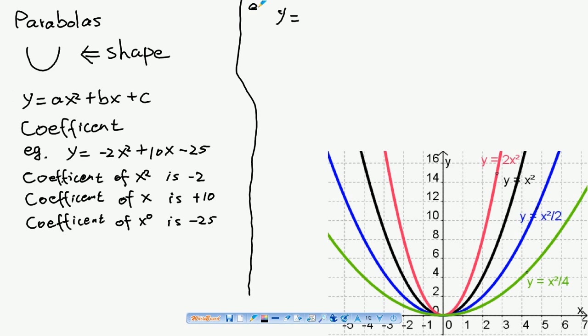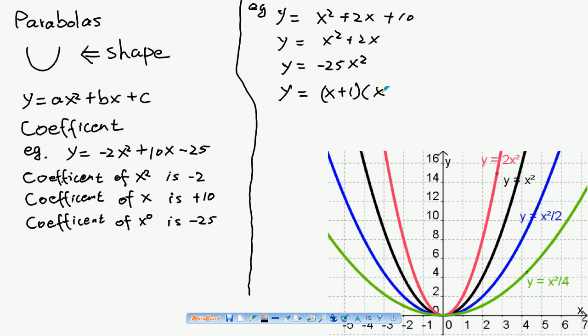Say examples: y equals x squared plus 2x plus 10, y equals x squared plus 2x, y equals minus 25x squared, and y equals, for instance, (x plus 1)(x minus 1), because they are all equations of a parabola. Once the highest power of x in your equation is x squared, they are parabolas.